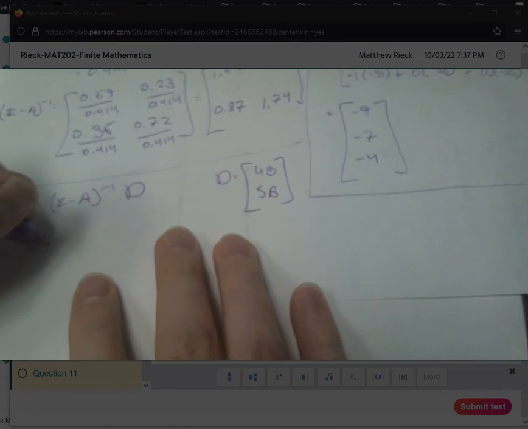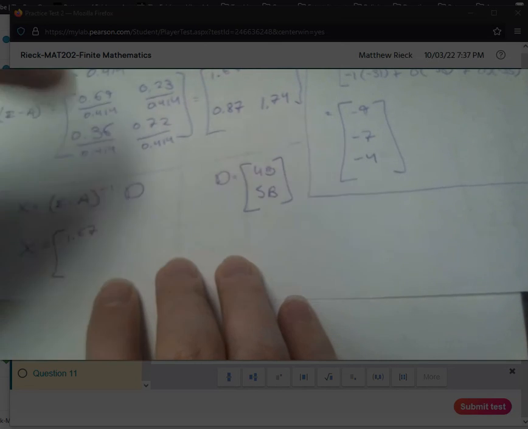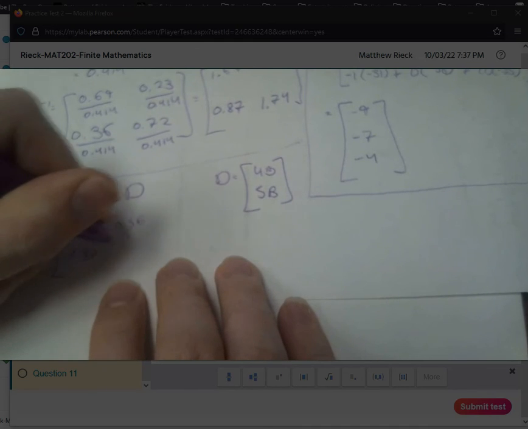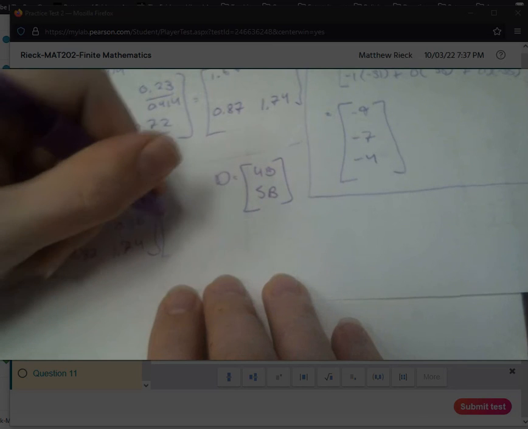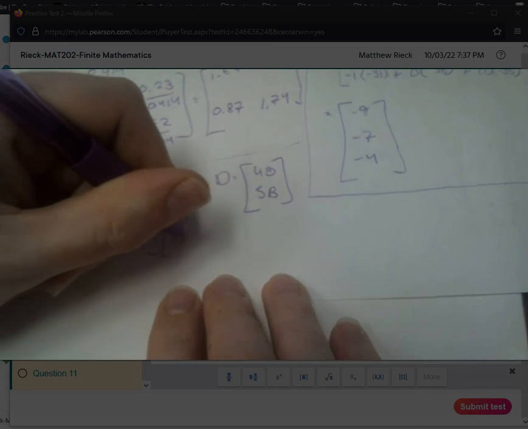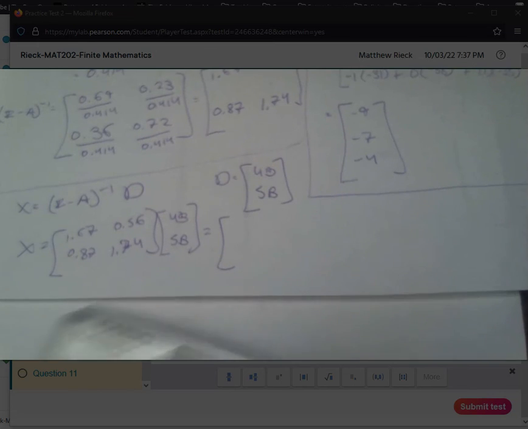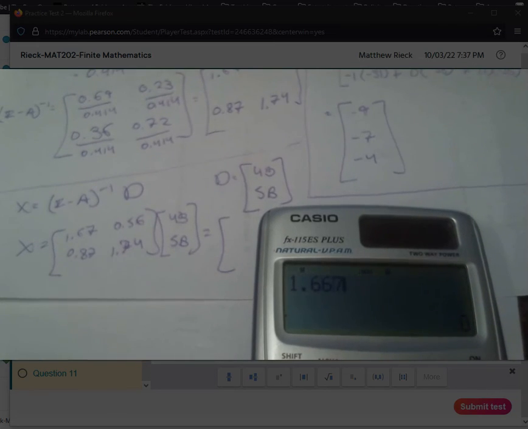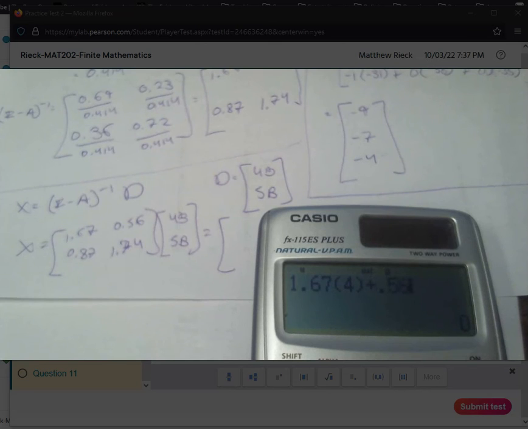So then my production matrix is going to be this (I minus A) inverse times D. So we have 1.67 times 4 plus 0.56 times 5.